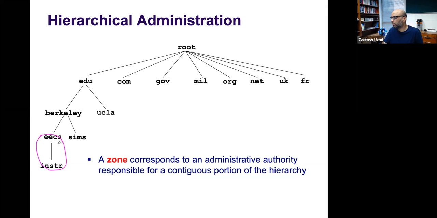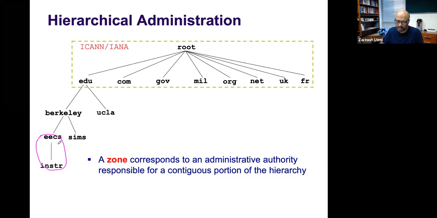Of course, you can consolidate the administration as well. For example, you can say that the LUMS IST department will handle everything in the namespace of LUMS, instead of giving it to the departments, because the departments are too small. But if the departments are very large, as they might be at Berkeley, the EECS department is very large, they may delegate the administration from the central IT department to the EECS department.